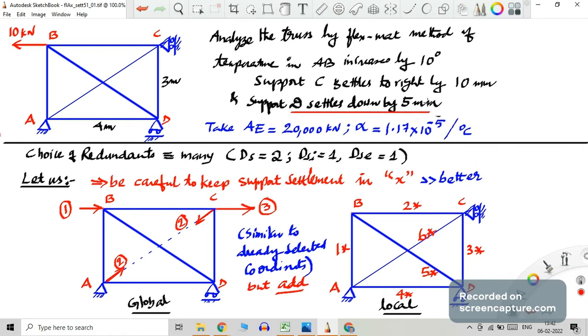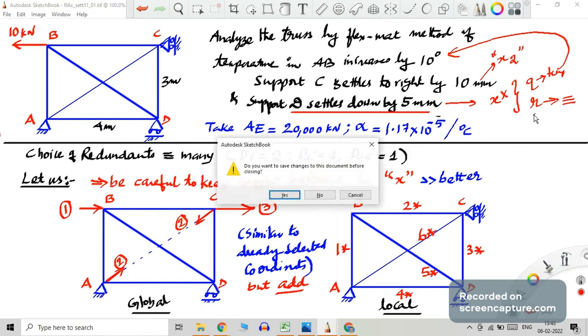We have seen that this cannot be taken in x, whereas the x2 you can take in the solution. The remaining are q and small r displacements. q is good for temperature or lack of fit, so this we can take inside that. Now what is left is only small r. So how to include this small r is our basic discussion here.